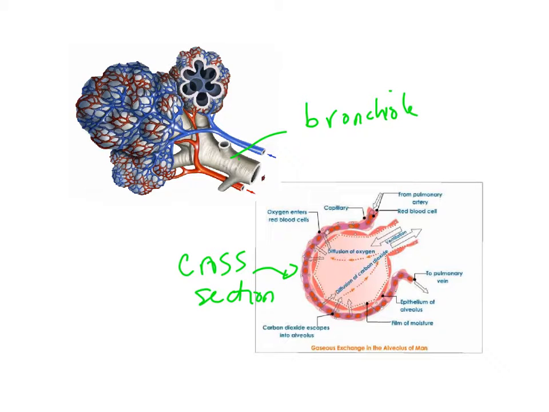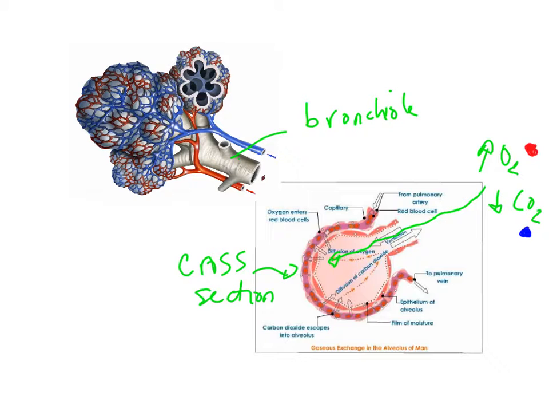Basically what's happening is our air is coming in, atmospheric air, and it's relatively high in oxygen and low in carbon dioxide. So I'm going to draw oxygen as red lines and carbon dioxide as blue lines, and that should tie in with what you're thinking of as oxygenated and deoxygenated blood.